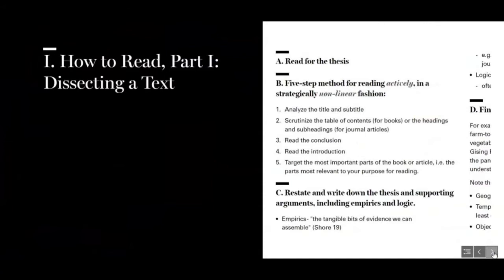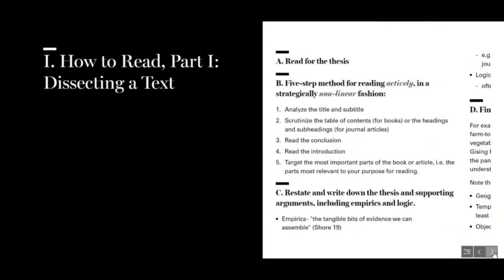So that's the first thing that you do when you're looking at an article. You look at the title and the subtitle, if any, and doing that will already give you an idea about what the article is about. And that would also help you identify the main research question or problem and the main argument of the paper.